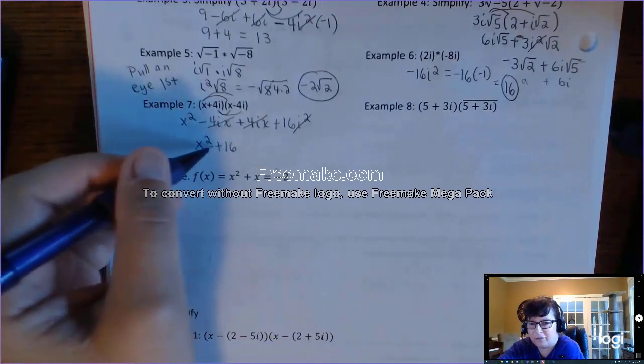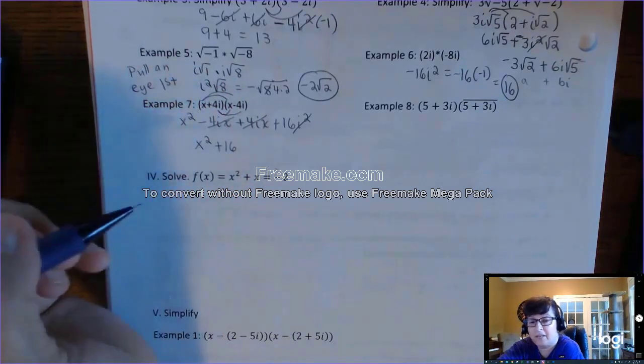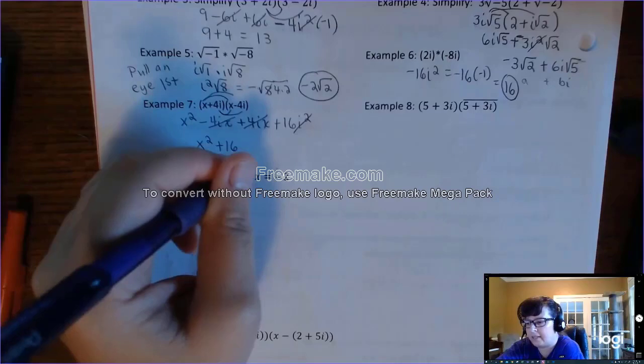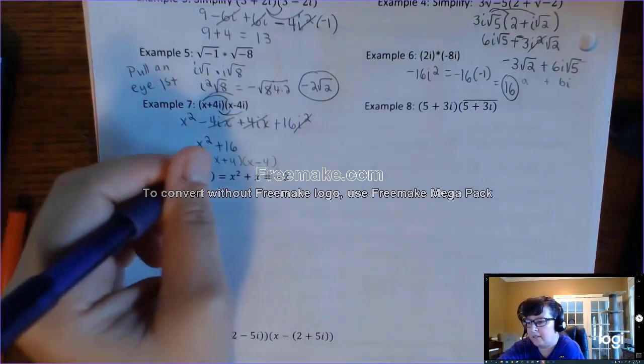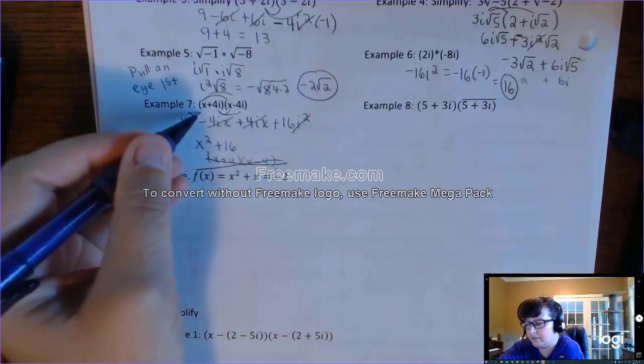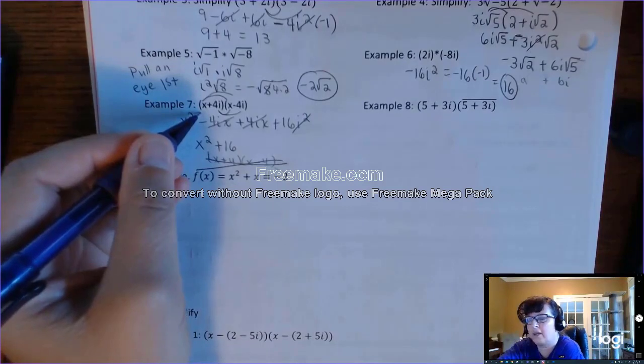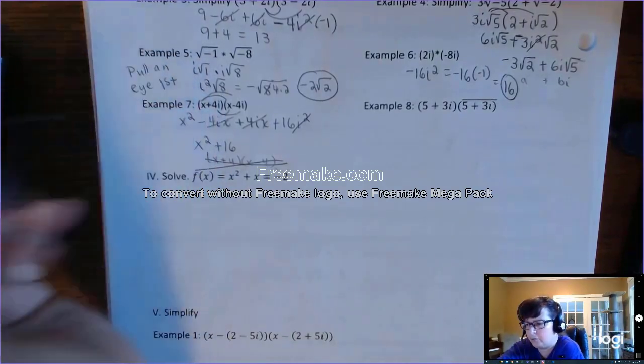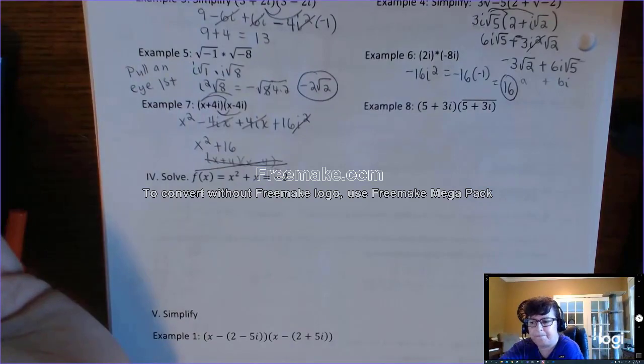It's not a difference of two squares, so it doesn't factor into x plus 4 times x minus 4, but it does factor into x plus 4i times x minus 4i. So you can factor over the set of complex numbers as well. We'll get to that, but the skill work, hopefully you understand.